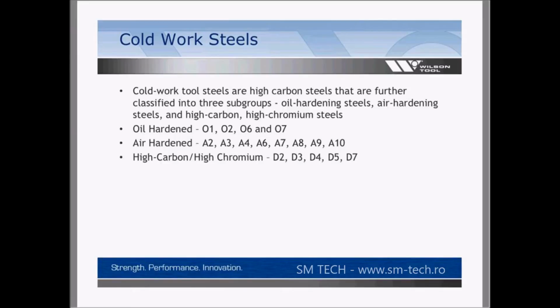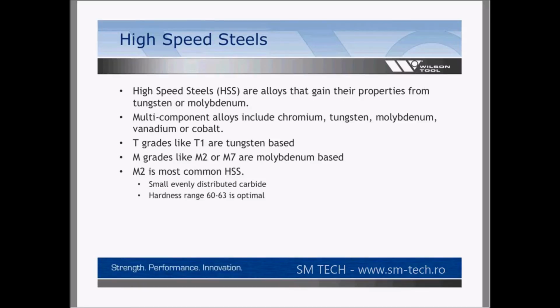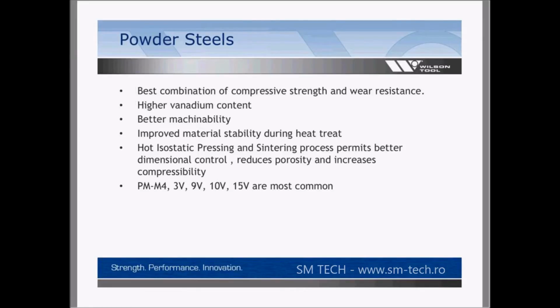I hope you move on from that into your M series materials, at least into the M2, which would be in your high-speed steels. These typically run with a little more carbide content, the chromium, the tungsten, the moly, the vanadium, and cobalt. Those are what are going to give you your prevention for wear and your chipping a little bit here.